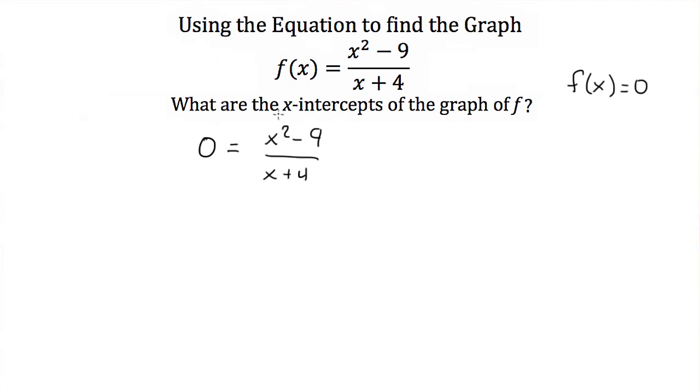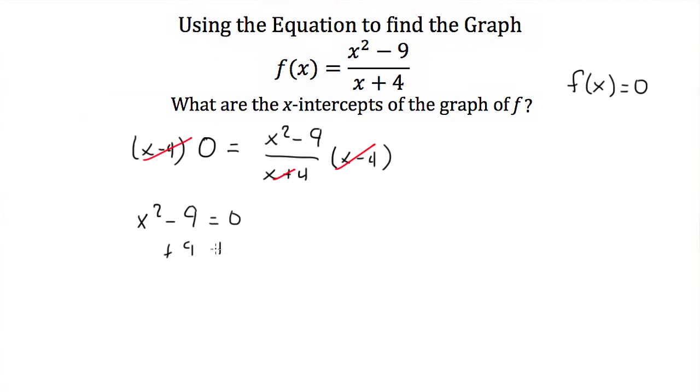Now this is a fraction, so the only thing that can make this fraction equal to 0 is the numerator, or, if you can't see that, multiply both sides by x minus 4. If you do that, on the right-hand side, the x minus 4's will cancel, and on the left-hand side, we have 0 times x minus 4, and that's still equal to 0. So we end up with x squared minus 9 is equal to 0.